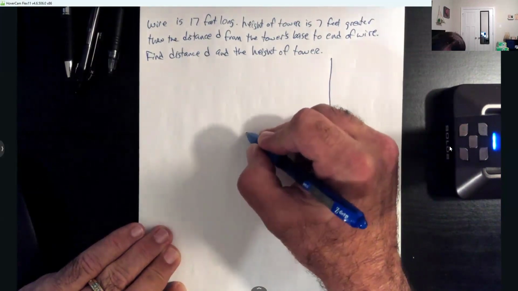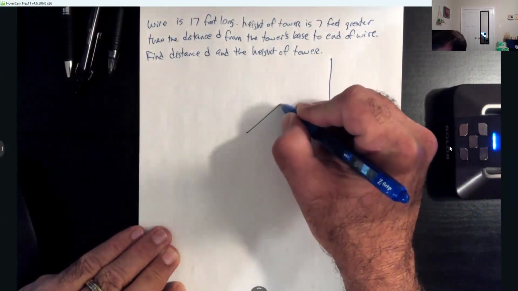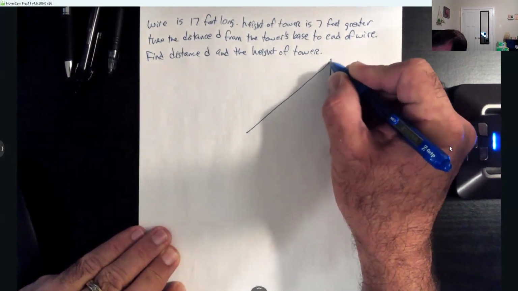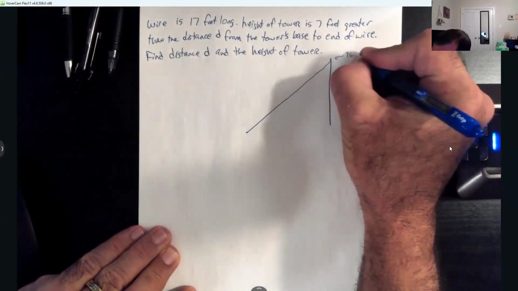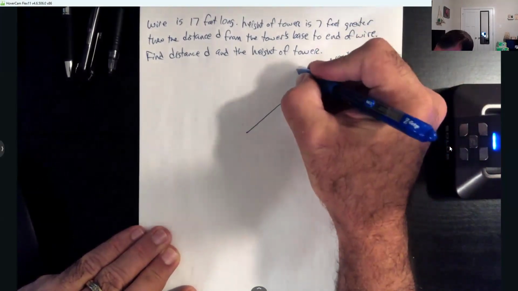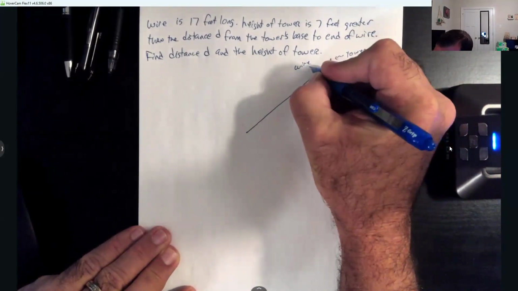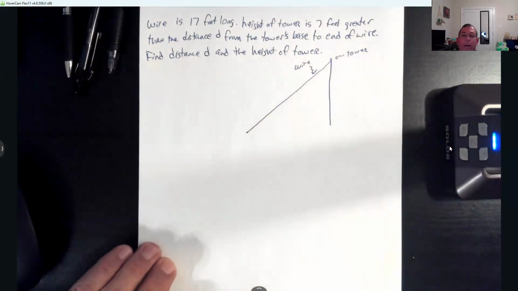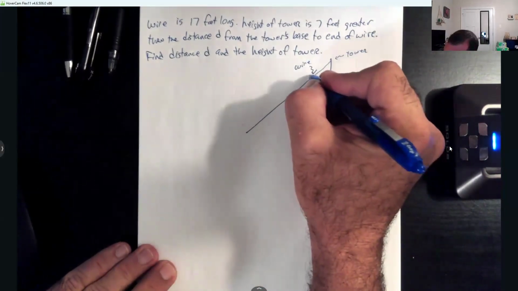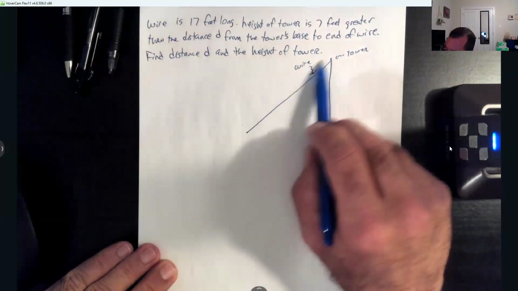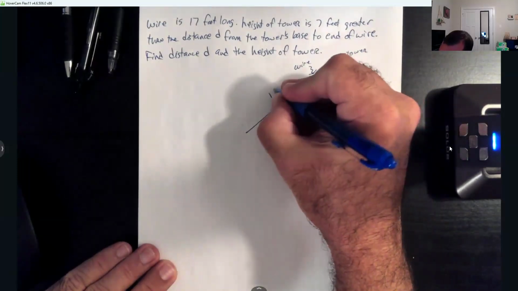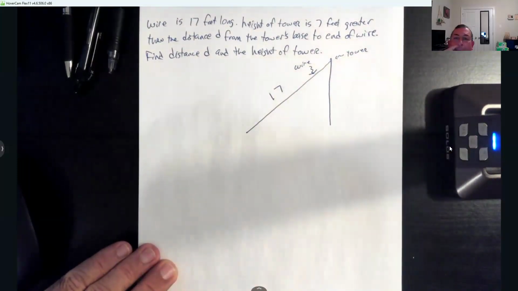So I've got a wire that they're stretching from the ground to the top of my antenna tower. Okay. Now, first thing I know, this wire is 17 feet long.